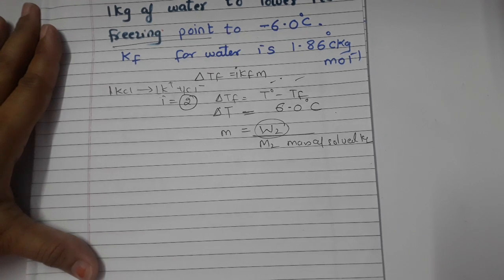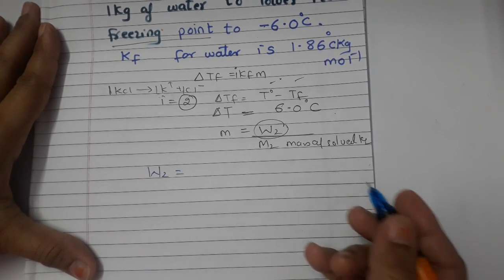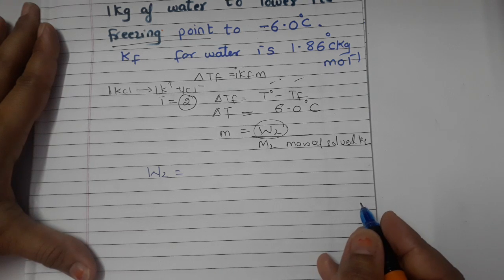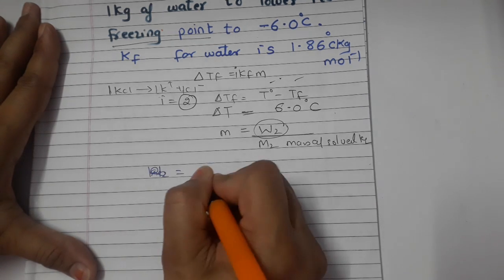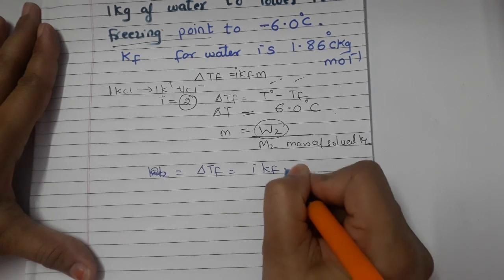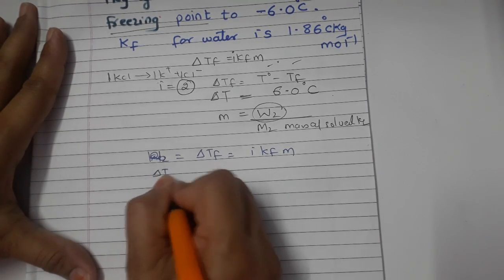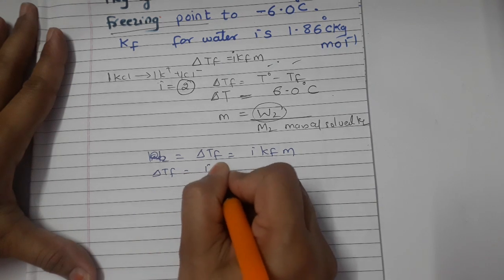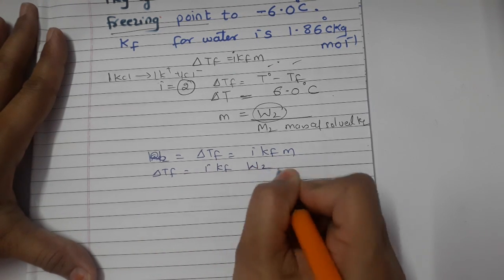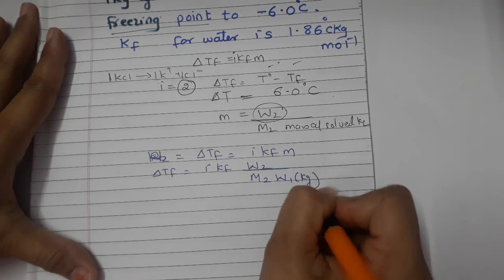So I'll write first delta TF. Delta TF is equal to iKFM. Then what I will write, delta TF is equal to iKF W2 upon M2 W1 into kg.